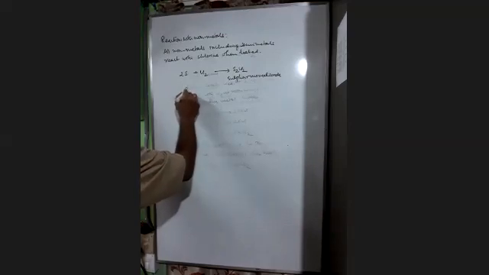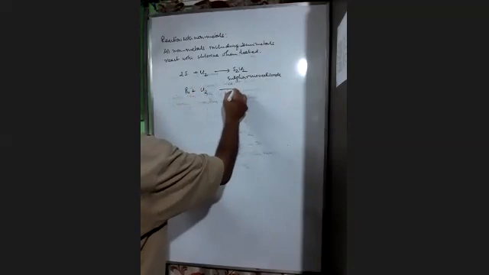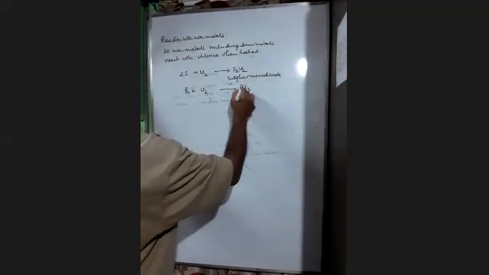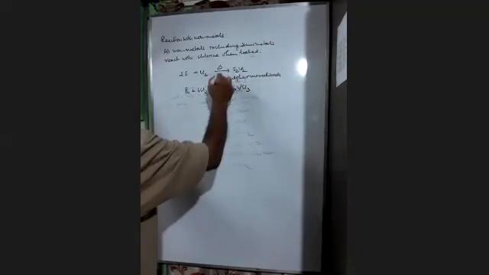Now, if you have taken phosphorus, this you have already done, with Cl2 it will give you phosphorus pentachloride. Okay, you put it. These are non-metals.